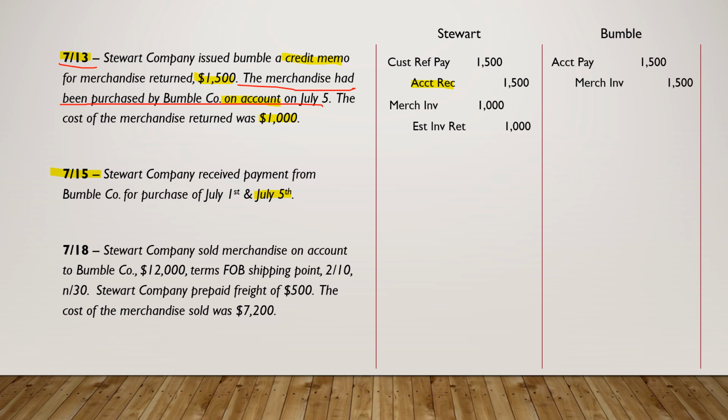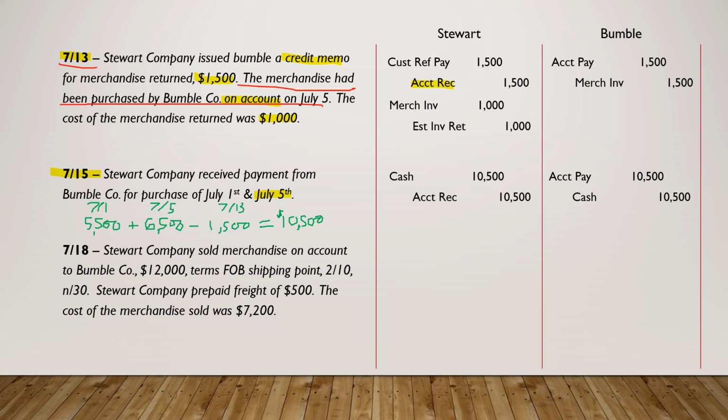The seller will record a debit to cash and a credit to AR. The amount will be the $5,500 original purchase plus the $6,500 purchase on July 5th less the return on July 13th. The buyer will record the disbursement, debit accounts payable, and credit cash.